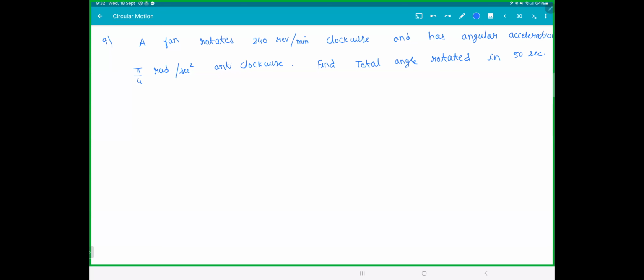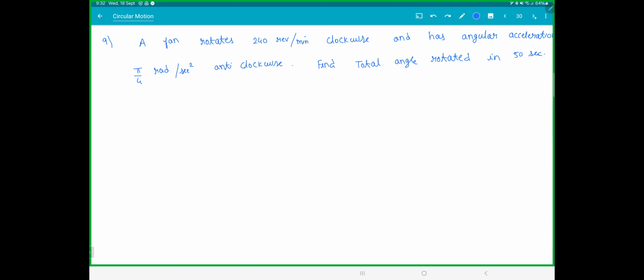Clockwise, anti-clockwise thing. Nothing. It is going in one direction. See now, your velocity is forward. Think of it like this. You're going forward, but acceleration is backward. Isn't it? What is clockwise, anti-clockwise? Just like when I say right and left, clockwise, anti-clockwise are two opposite directions. So the fan is initially rotating in one direction. Then because the acceleration is in the opposite direction, it will come back.